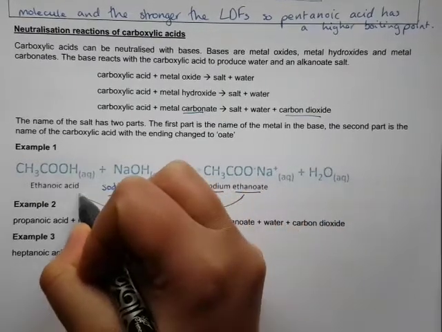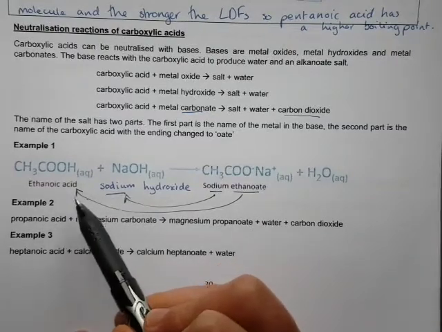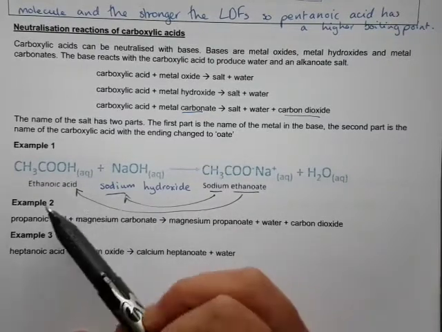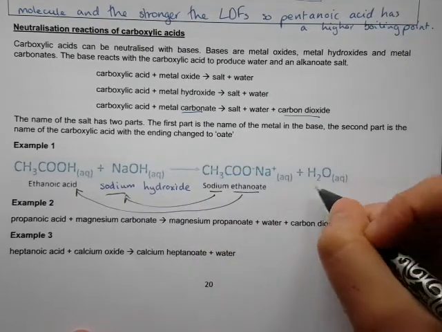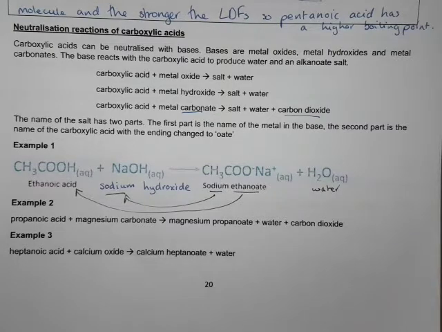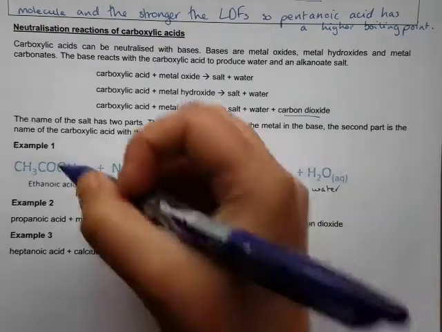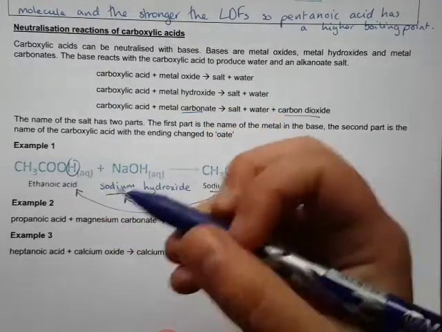So the ethanoate is coming from the ethanoic acid, but with the oic acid changed to oate. So ethanoic acid plus sodium hydroxide makes sodium ethanoate plus water. What's happening here is, if you can remember, thinking back to the previous page, these alkanoic acids can ionize, meaning that they can lose this hydrogen atom in the form of an H plus ion.